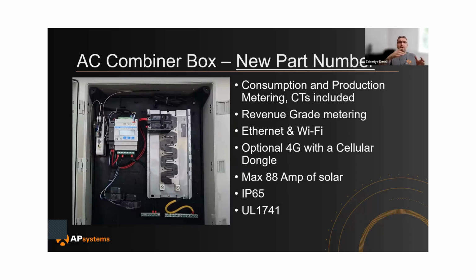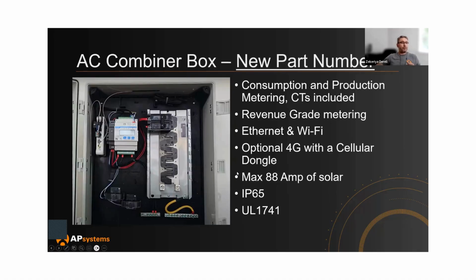So basically, you've got the default Wi-Fi plus Ethernet, 4G optional, and then obviously you get the data on the SIM card, plug it in, and now you can have all these options: Ethernet, Wi-Fi, and 4G. You get up to 88 amp solar, which translates to 110 amp of total breaker size.